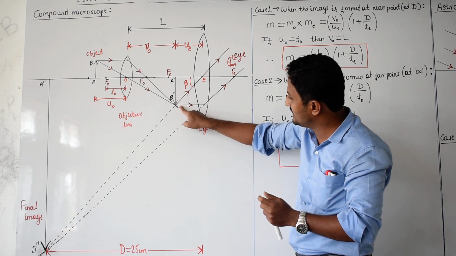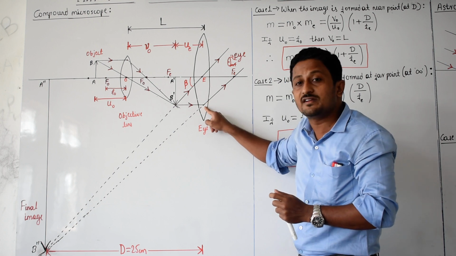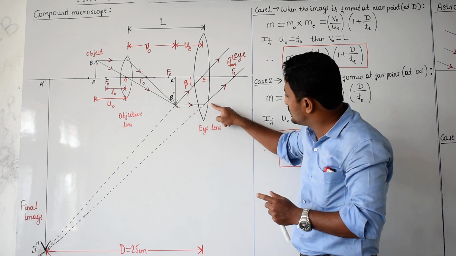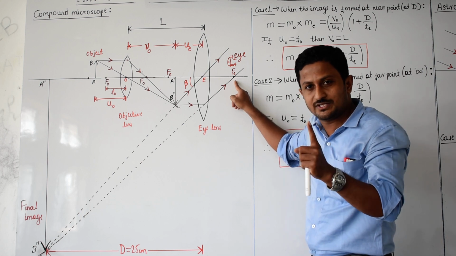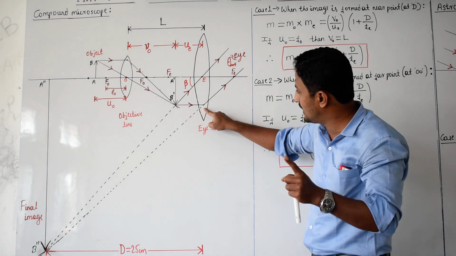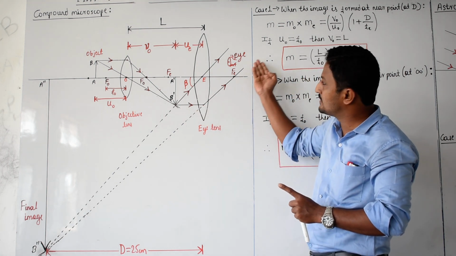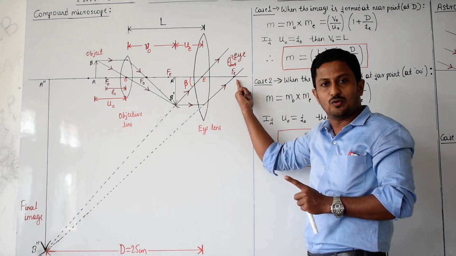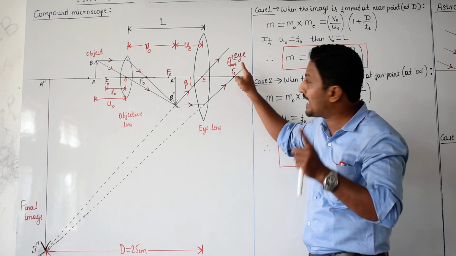A parallel light ray after refraction is going to pass through the principal focus point. This light ray is finally received by your eye.